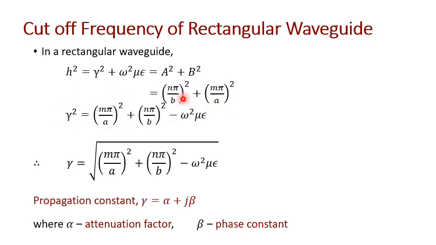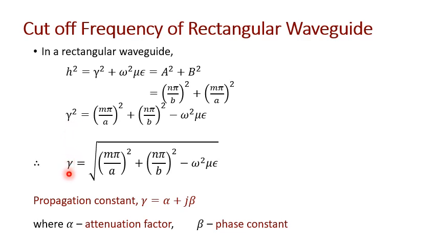You can rewrite this equation in terms of gamma square as gamma square is equal to m pi by a the whole square plus n pi by b the whole square minus omega square mu epsilon. Here gamma stands for the propagation constant.